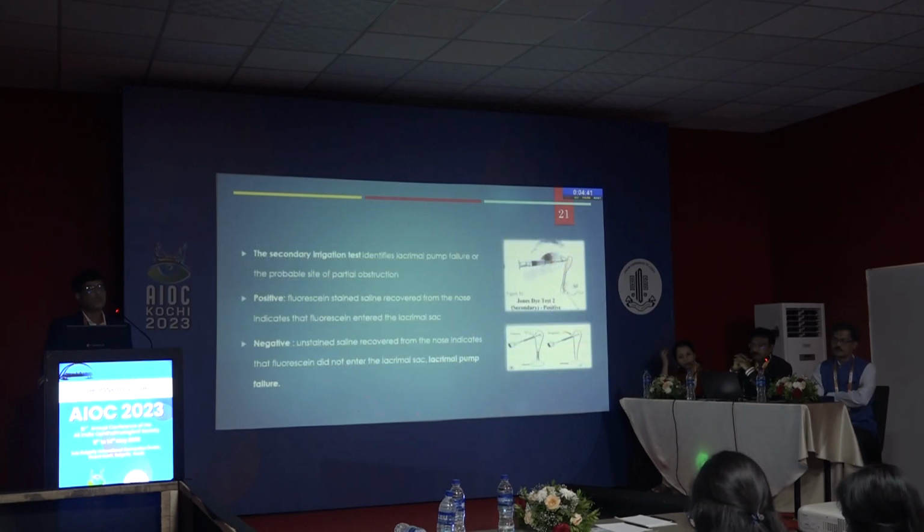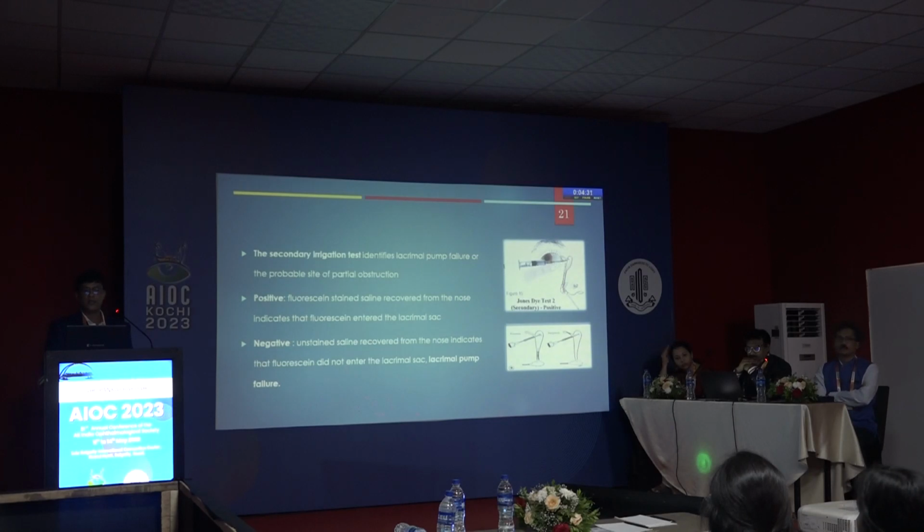Here we go for the secondary irrigation test, which identifies lacrimal pump failure or the probable site of partial obstruction. If fluorescein-stained saline is recovered from the nose, fluorescein entered the sac, which means a partial NLD block. If unstained saline is recovered from the nose, fluorescein did not enter the sac, which means lacrimal pump failure.